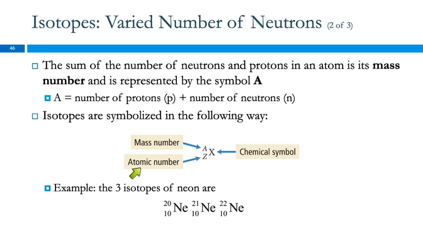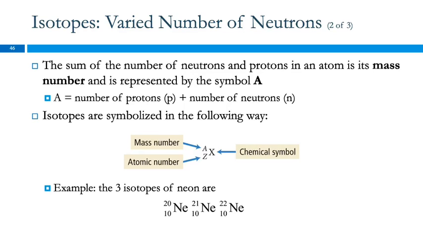So the atomic number is Z and the mass number is A. I would do it the other way around, but they didn't ask me. And I'm not going to be picky or try to trick you about, do you remember it as A or Z? But the atomic number is Z and A is not the atomic number, it's the other one. So it's the number of protons and neutrons in the nucleus.